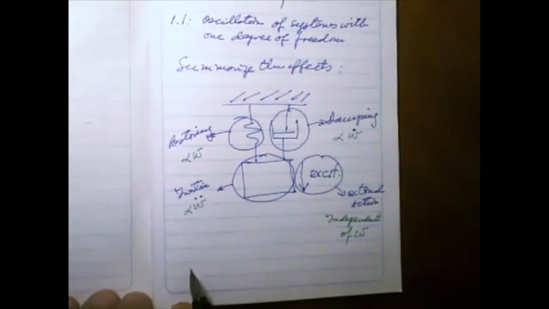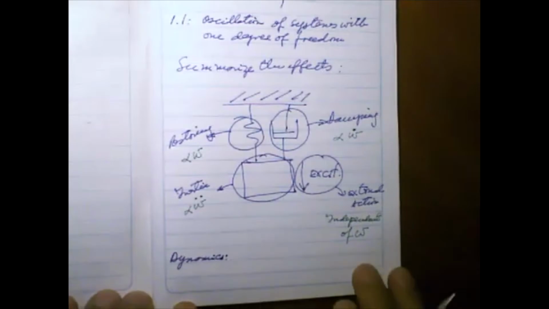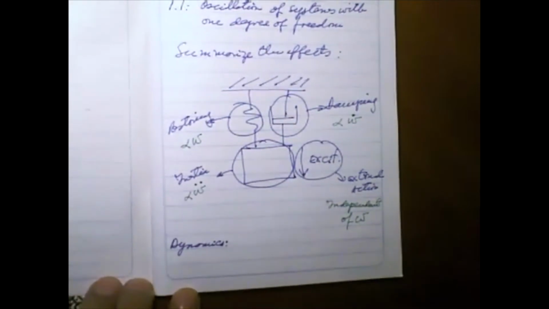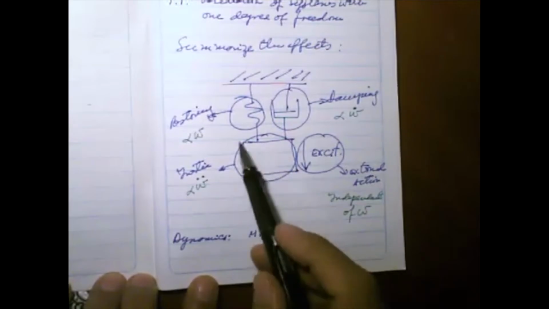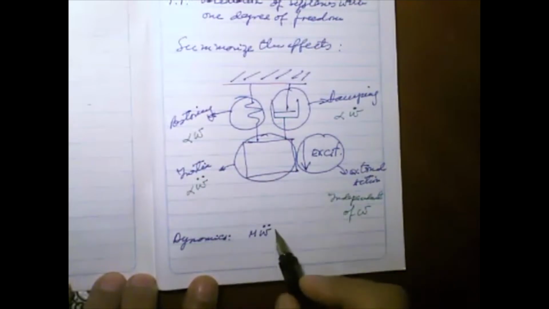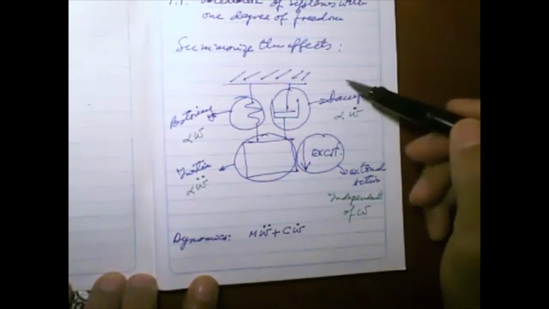And the dynamics is summarized applying Newton's law of motion. When we apply Newton's law of motion, including all of these four effects, at the end, we will have an equation, remember, like this. Mass times acceleration, that's the inertia effect, plus constant times the velocity, that's the damping effect.